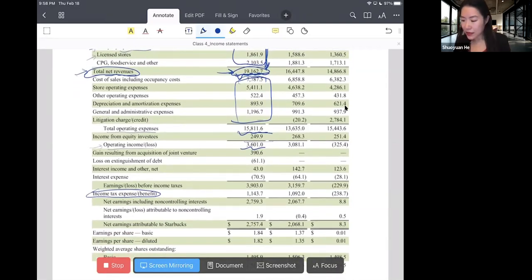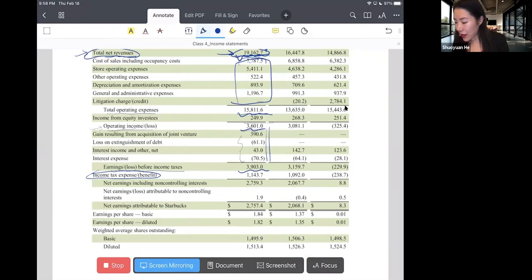And then the next one is this number, earnings before income tax. That is if you take operating income and you add up those numbers which are non-operating, so it seems to add up to be a positive number. So that's non-operating income.